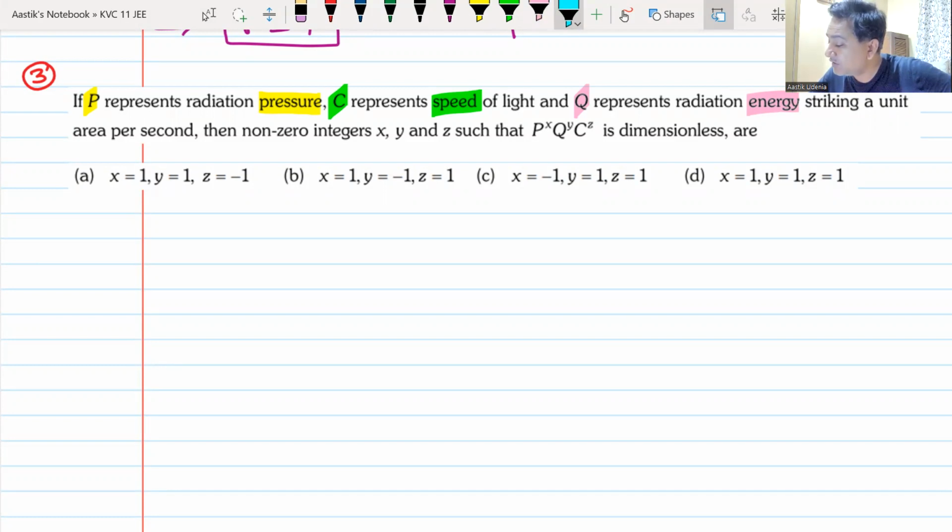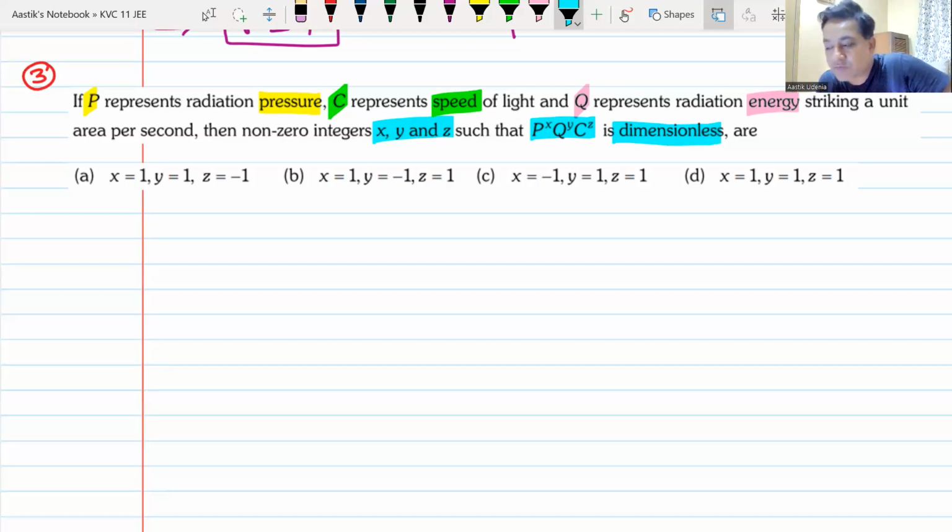There are three non-zero numbers x, y, and z such that, remember, this is how questions are framed, P raised to the power x, Q raised to the power of y, C raised to the power z is dimensionless. It does not have any dimension, my dear friend.